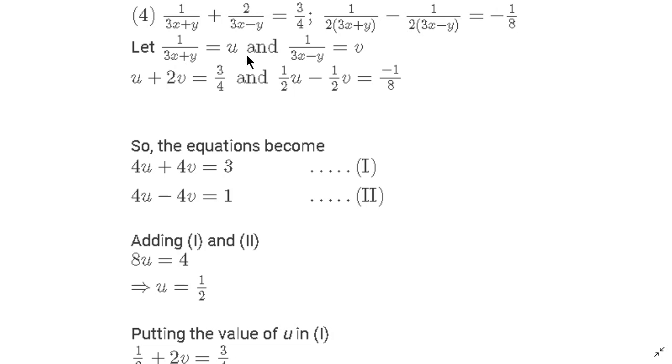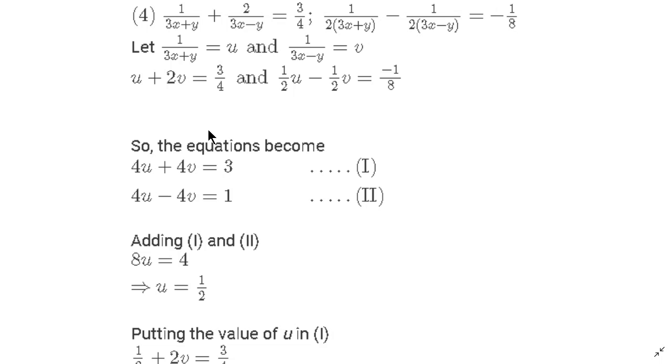So 1 upon 3x plus y is u, 1 upon 3x minus y is v, and then we will rewrite the equations. u plus 2v is equal to 3 by 4, then 1 by 2 u minus 1 by 2 v is equal to minus 1 by 8.